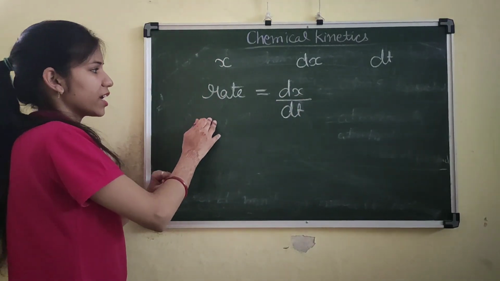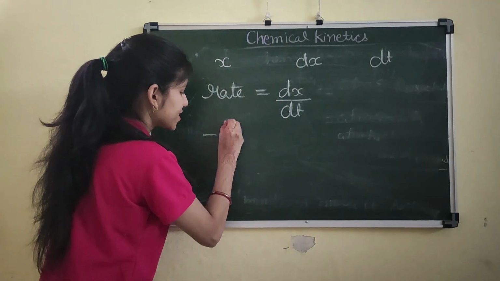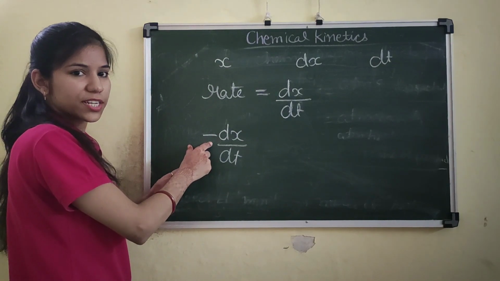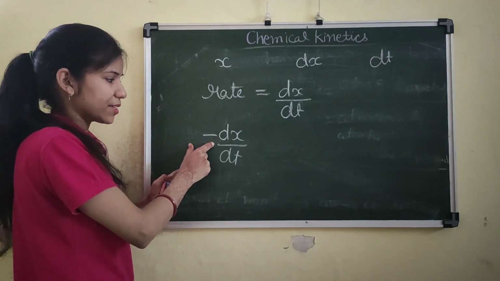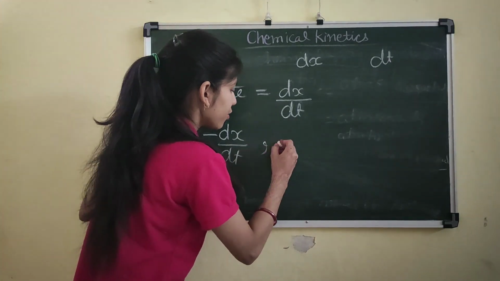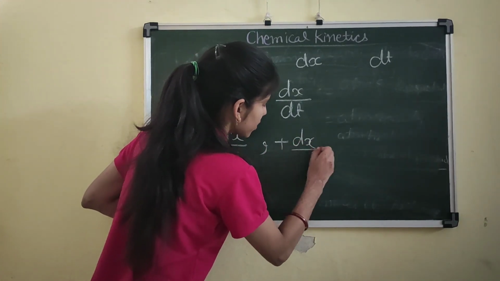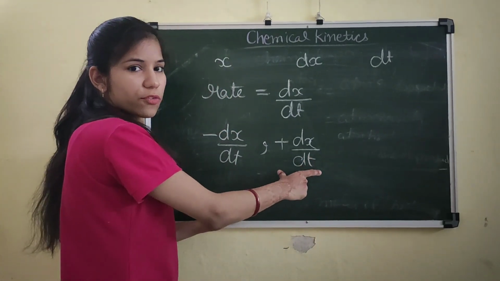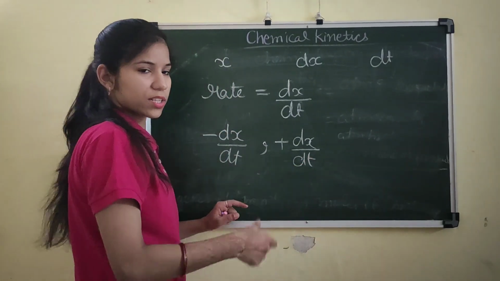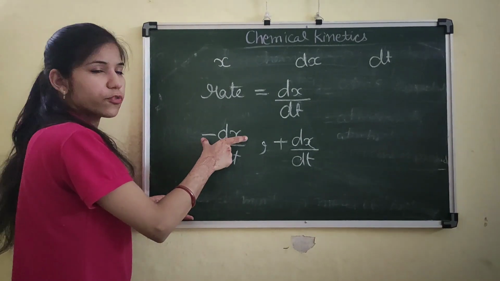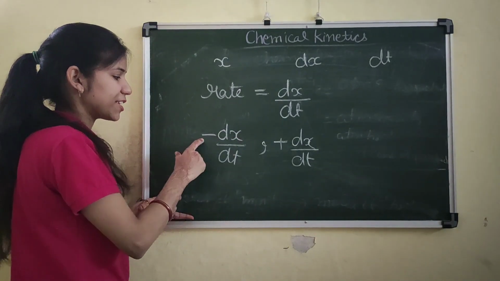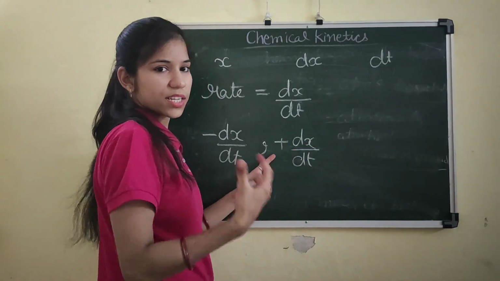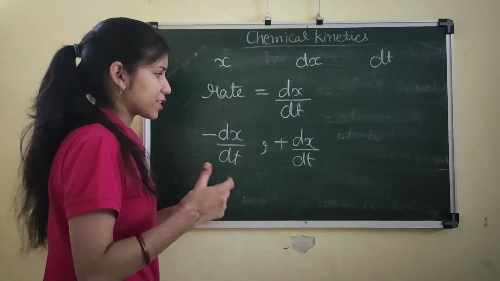In terms of the reactant, it will be minus dx by dt, and the rate of reaction is positive if it is in terms of product, because the concentration of reactant decreases and the amount of product increases.